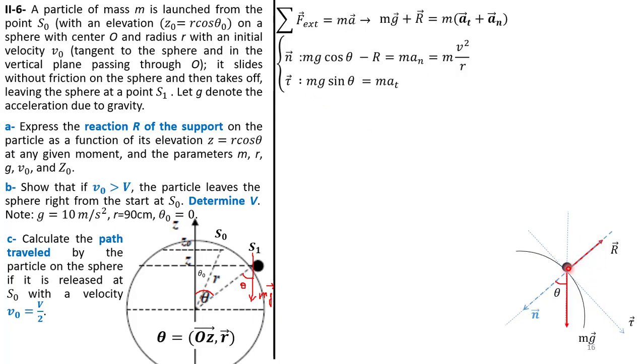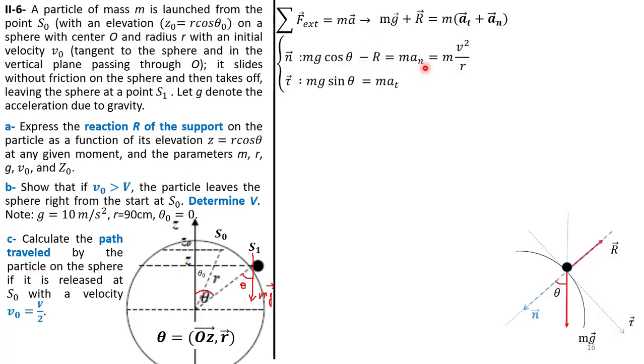The projection of r along tau is 0 because r and tau are perpendicular to each other, and the projection of a on tau will give us at. So we obtain two equations by projecting the fundamental relation of dynamics on the normal unit vector and on the tangential unit vector tau.